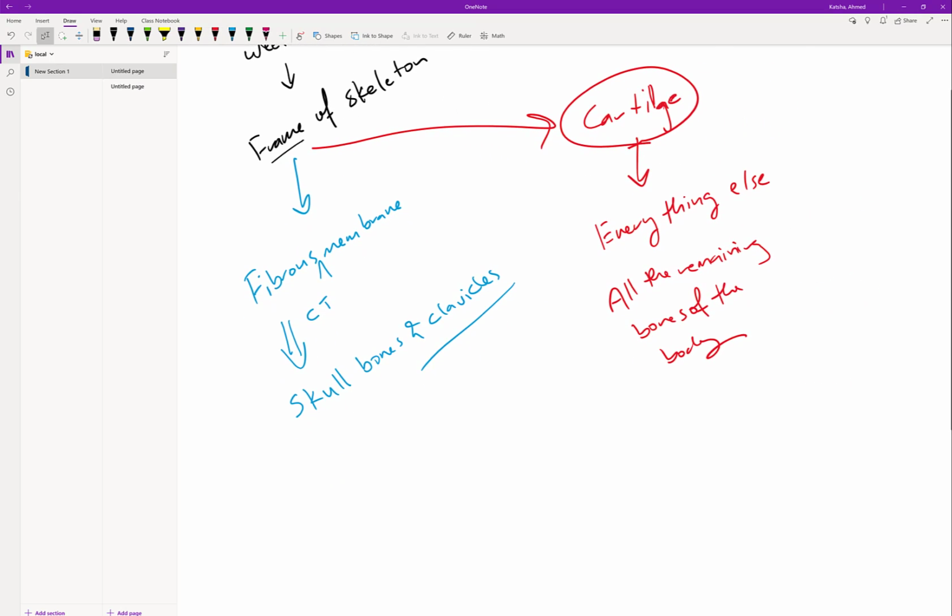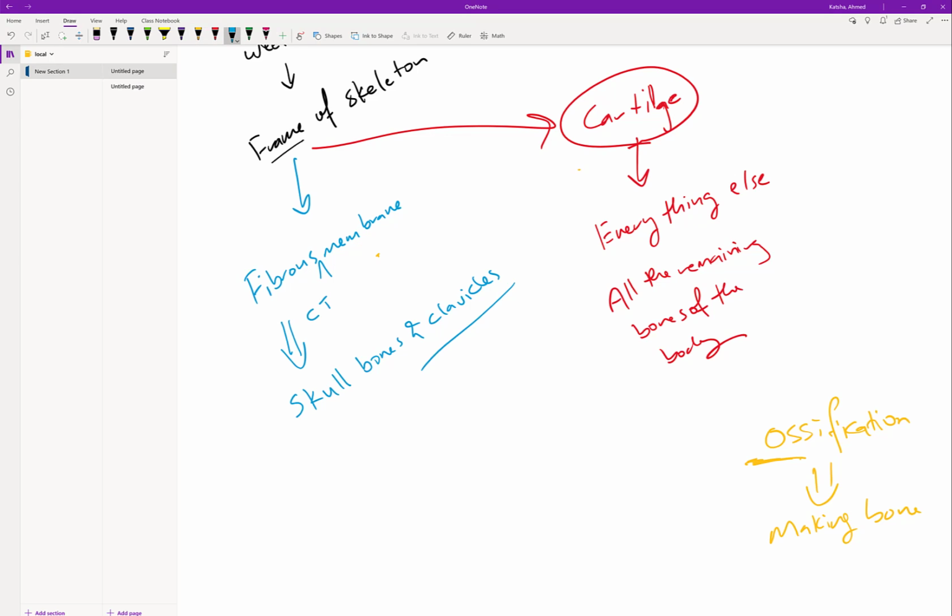We said based on that we have two different types of ossification. If you remember, we said ossification is making the bone. This is the process of turning those soft materials, either this one or this one, into bones. That's the process we called ossification.